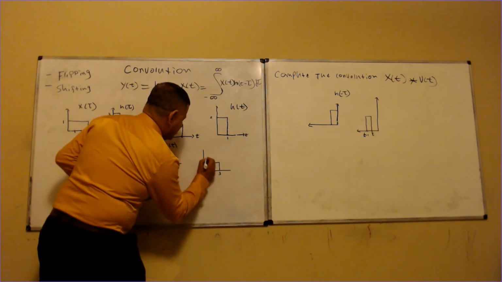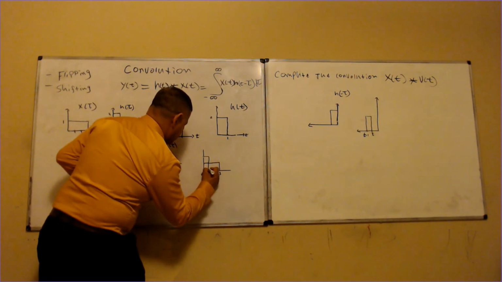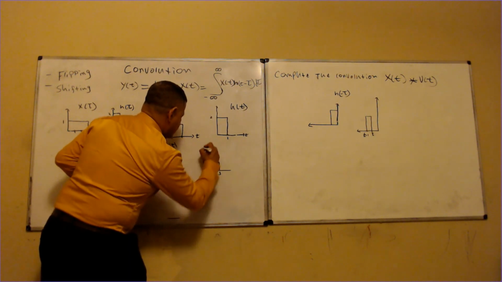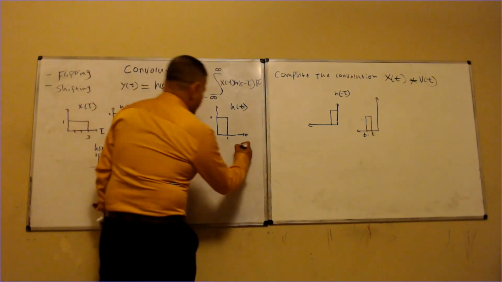So it's going to go 1, 2, and then it's going to be like that. Now the question is, do we have it overlapping?